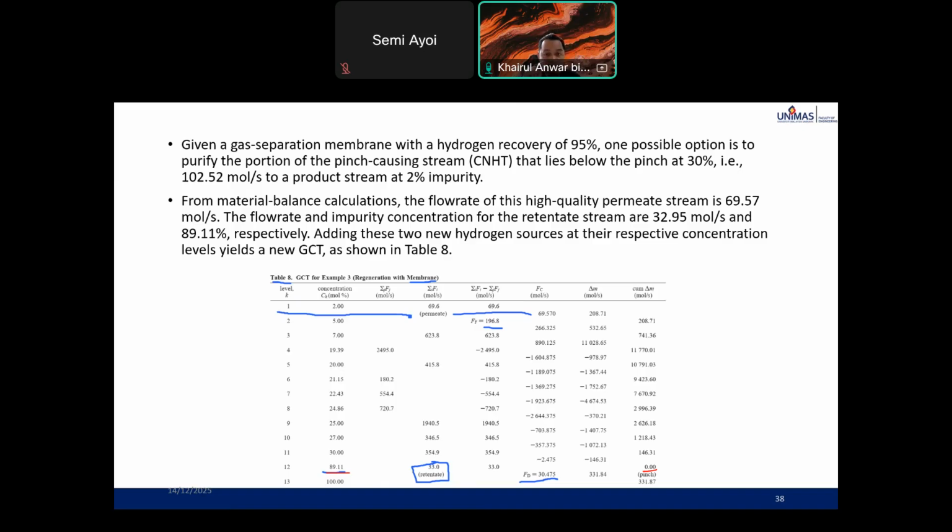If you still remember for the water, one of the guidelines is do not treat the region below the pinch so that the purity is above the pinch.